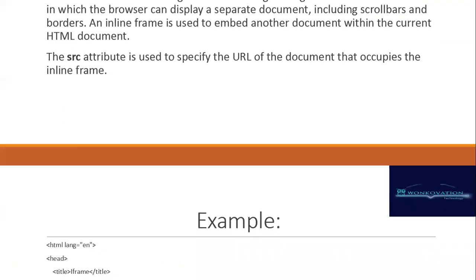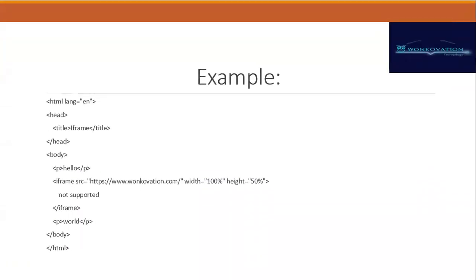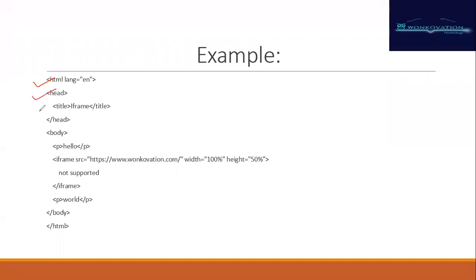Now moving to the next example of iframe. First of all, we use html, then head. Inside that we have given a title, head is closed, body is open. Inside that we have declared the p tag, and inside it we have written hello, which will simply be printed on the screen.